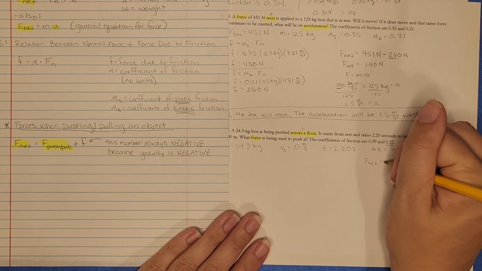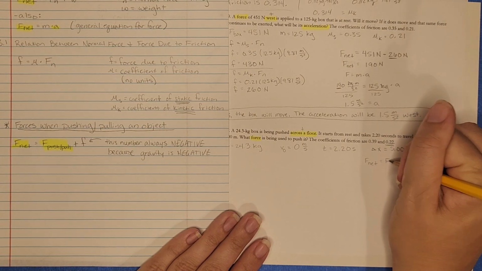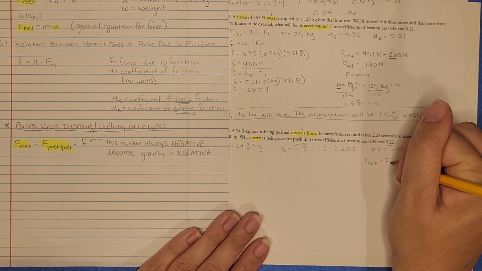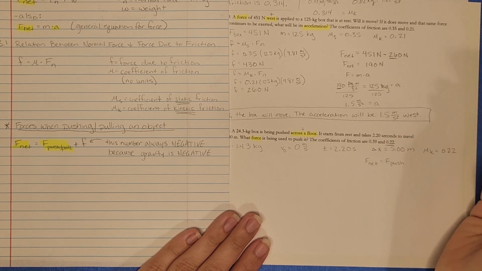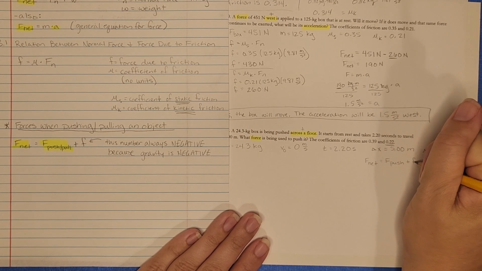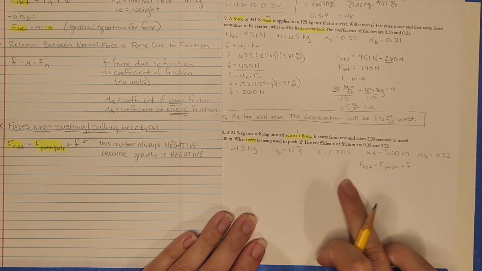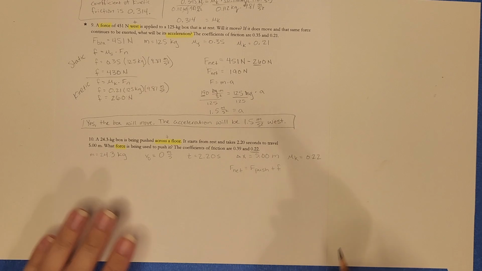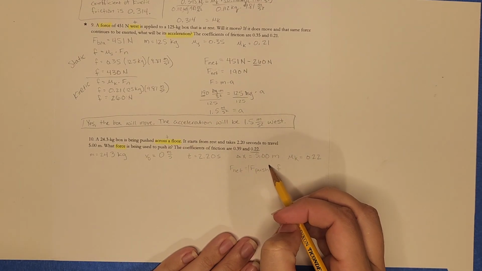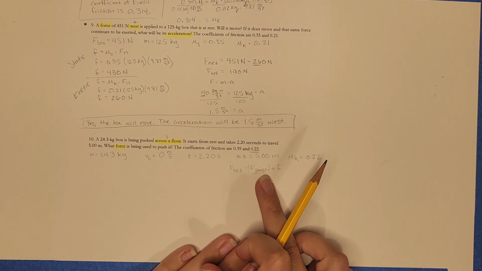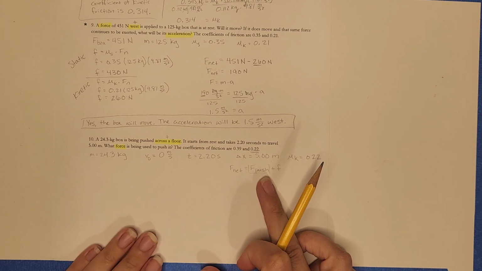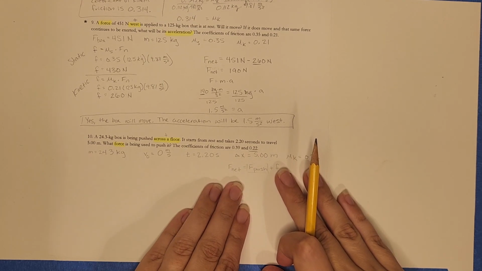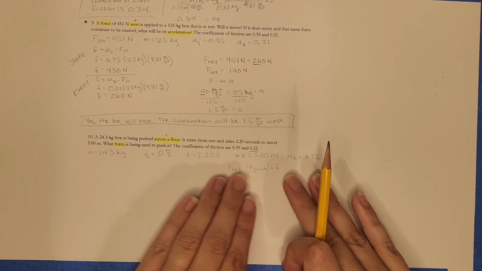So my net force is equal to the force of pushing plus F friction. Okay. So ultimately, I'm going to be using this equation. Now, what I need to find out, of course, is the force of pushing. And so what am I missing in my F friction and my F net?